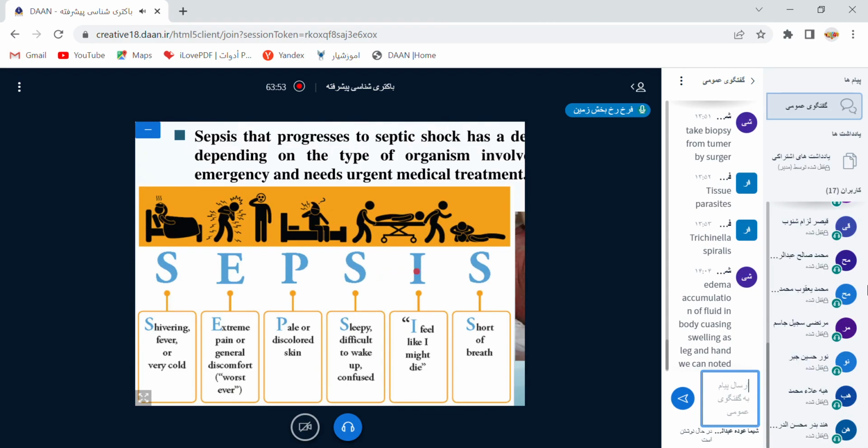The person who has sepsis has shivering, fever, or feels very cold. Sometimes fever, sometimes very cold. E: Extreme pain or general discomfort. Worst ever. P: Pale or discolored skin.